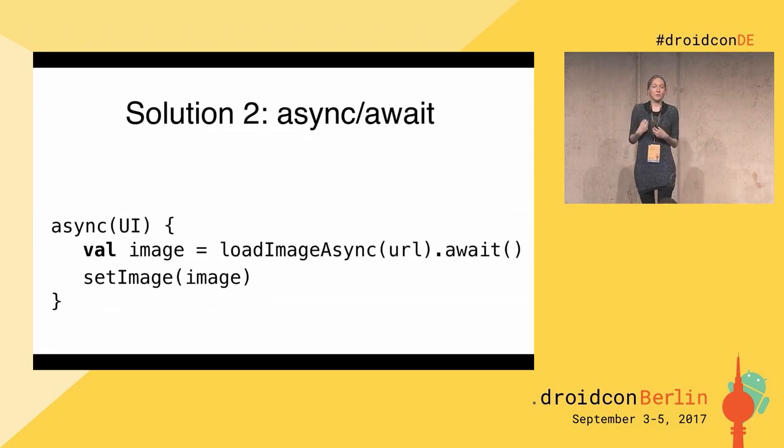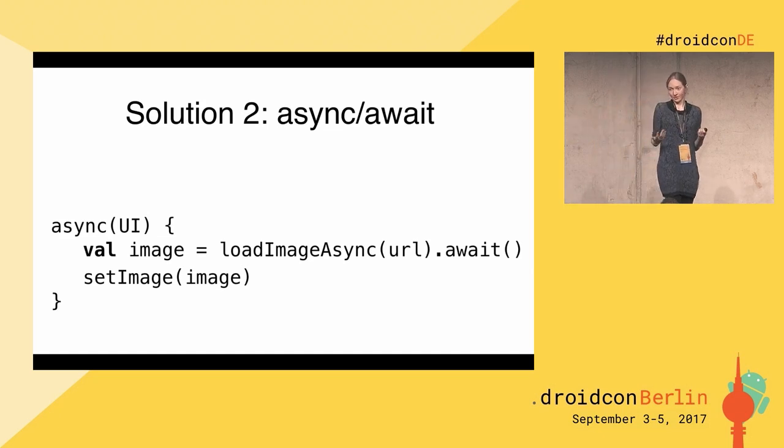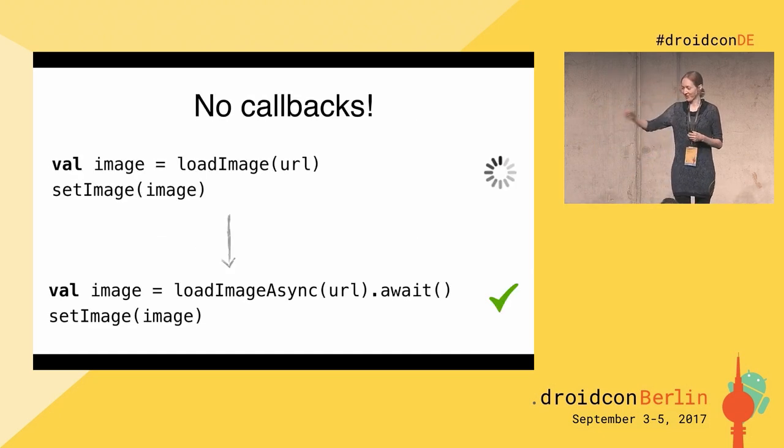Async await provides another solution to the same problem. Instead of using callbacks, you can just await the computation. You can say, at this point, I will await this time-consuming computation on my general thread. So there is no callback. Now we can solve this problem without callbacks.